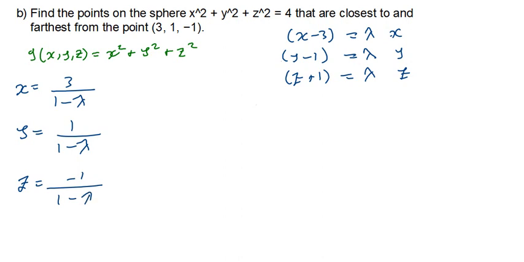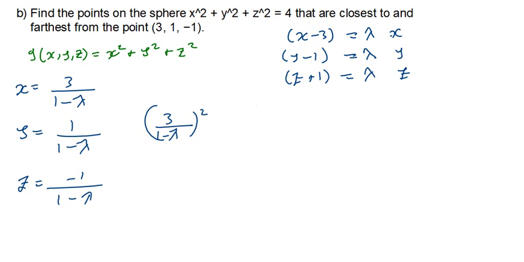How then do we determine what the value for lambda is? You need to pick this equation, which is our constraint, and that will help us determine lambda. Where there's x, you put 3 over 1 minus lambda, then squared.